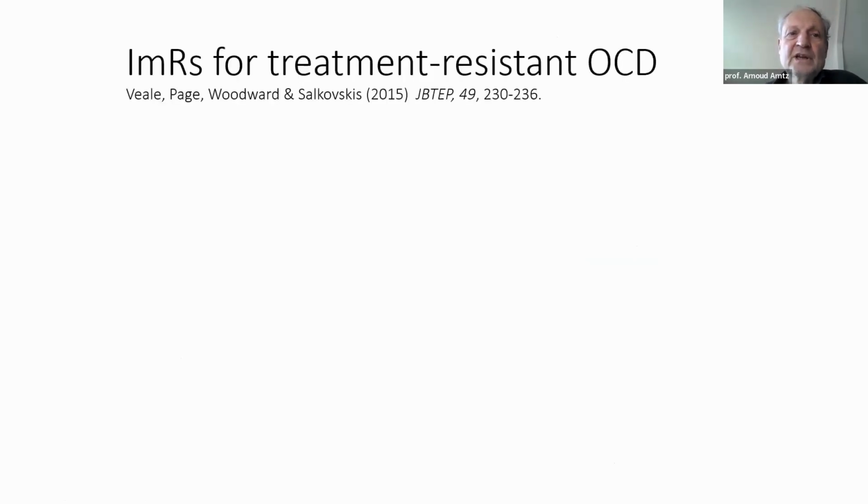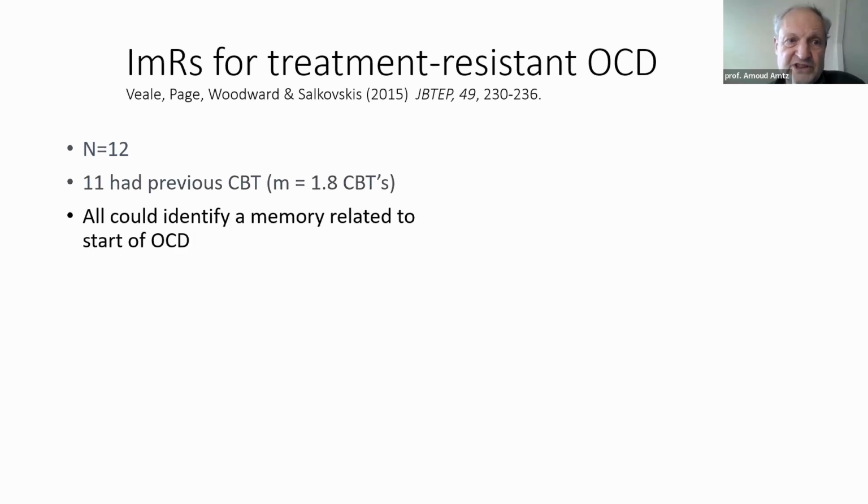Then OCD, and this treatment was a case series study of 12 cases of treatment-resistant OCD cases. 11 of them had previous cognitive behavioral therapy, mainly exposure with response prevention.